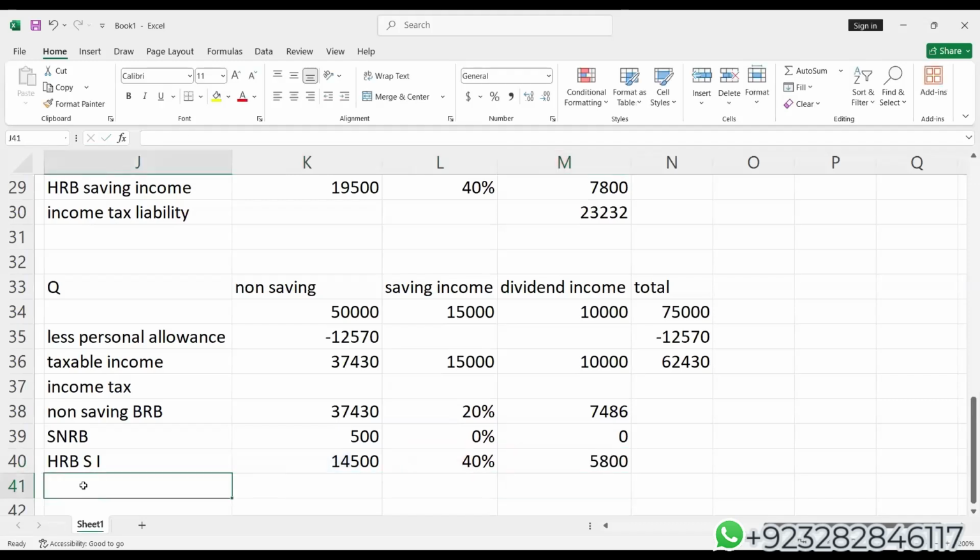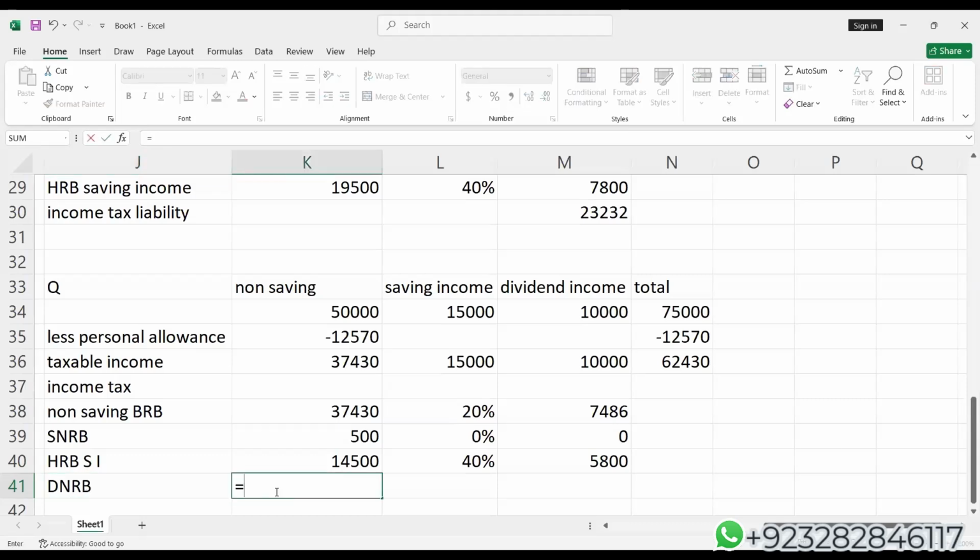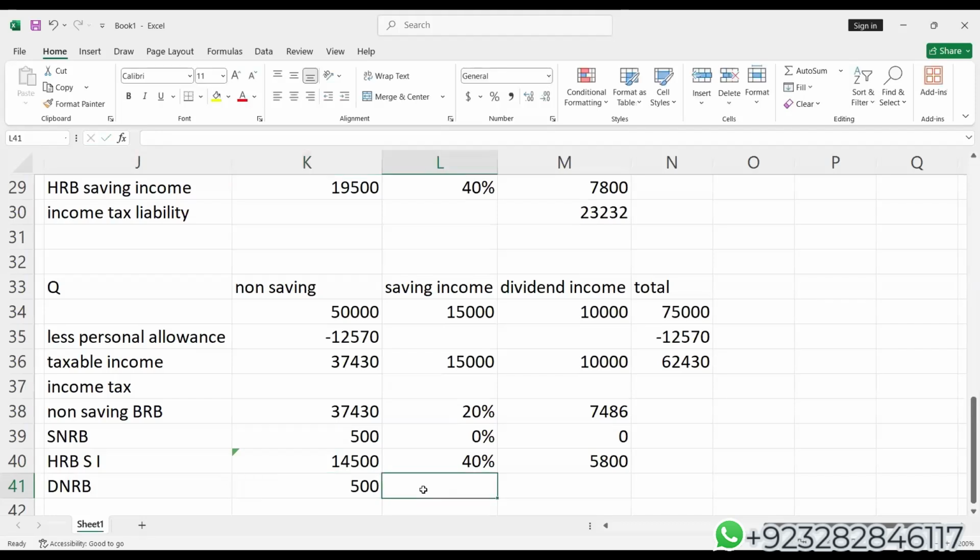Now we'll move towards dividend income. In case of dividend income, we know that every individual gets a nil rate band of £500 irrespective of tax paying status. So dividend nil rate band is £500.